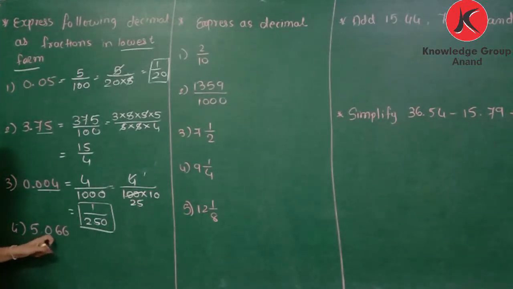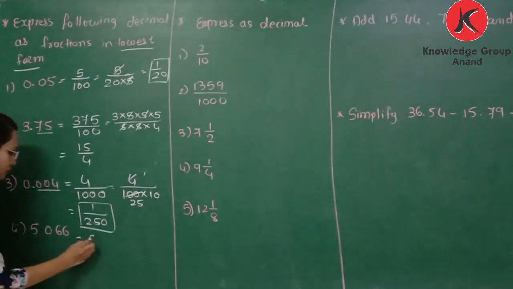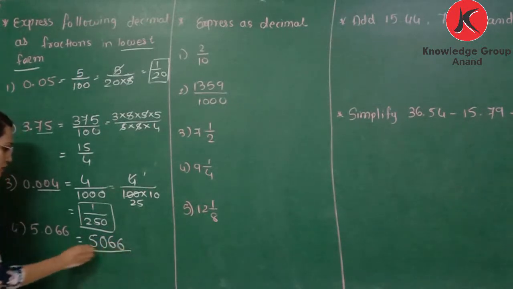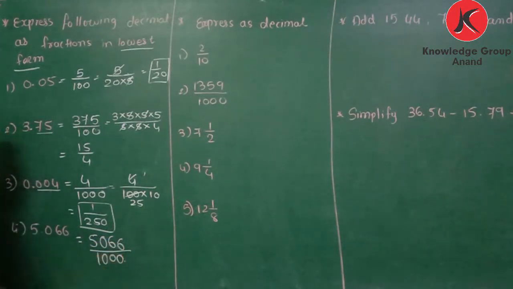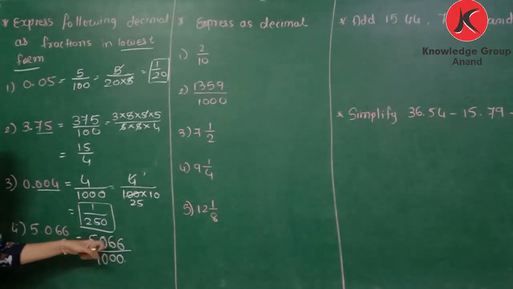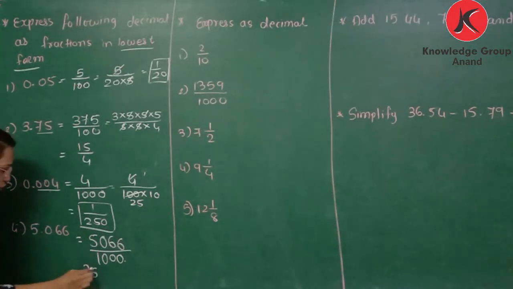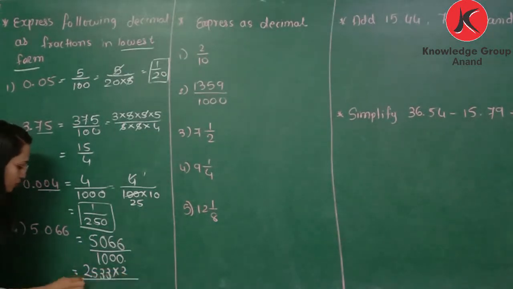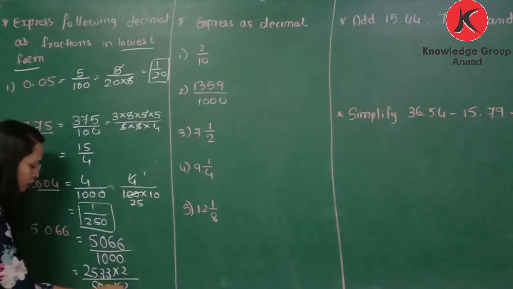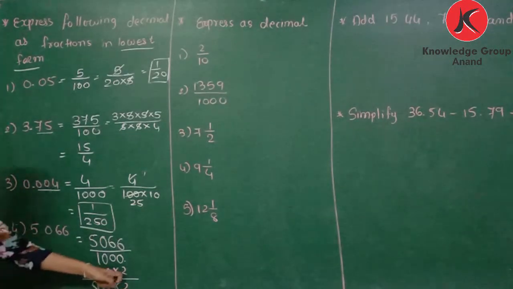Now next, 5.066. So we can write 5066 divided by 1000. Now find the common factor for this. Here we factorize 5066. Let's factorize that. So the factor of 5066 is 2533 multiplied by 2, divided by 500 multiplied by 2, because there is the common factor 2 only.